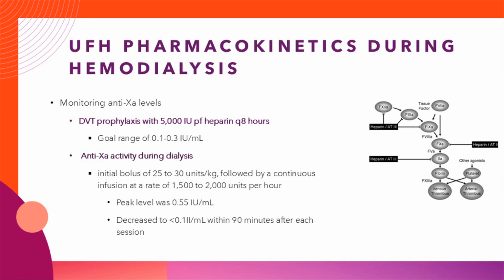So it did reach that level slightly above the goal range, but then decreased to less than 0.1 within 90 minutes of this session. So what this tells us is that while heparin is effective during dialysis, its anticoagulant effect diminishes quickly after and doesn't offer a sustained prophylaxis against DVTs.